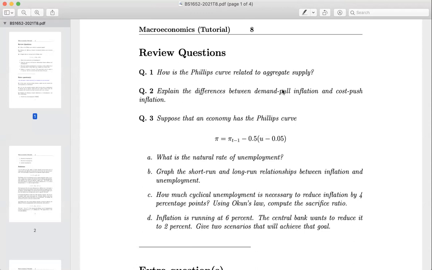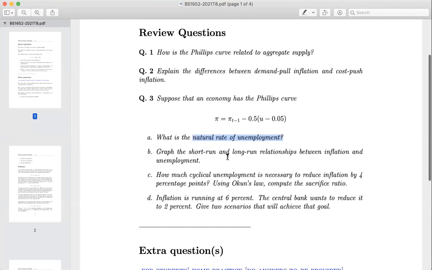So here, we were given the equation for the Phillips curve, and we were asked to find the natural rate of unemployment and to graph the short run and long run relationship between inflation and unemployment.